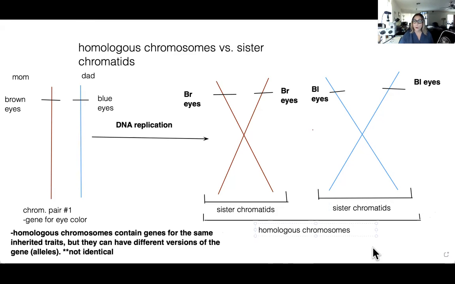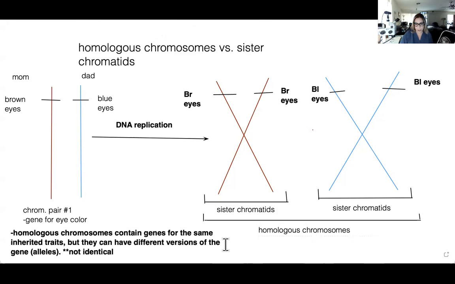Both sets of sister chromatids code for the same trait, eye color. But remember, they are not identical. The red sister chromatids code for brown eyes, the blues code for blue eyes.